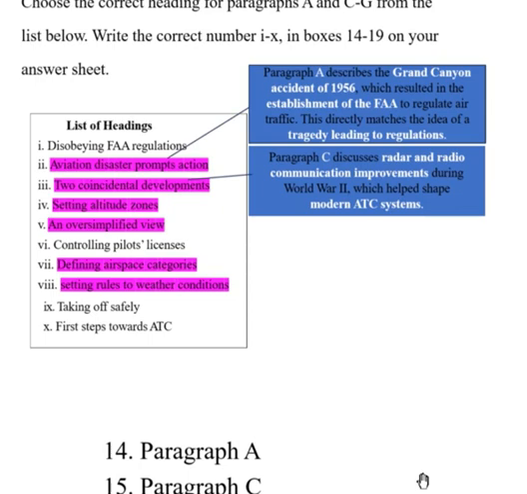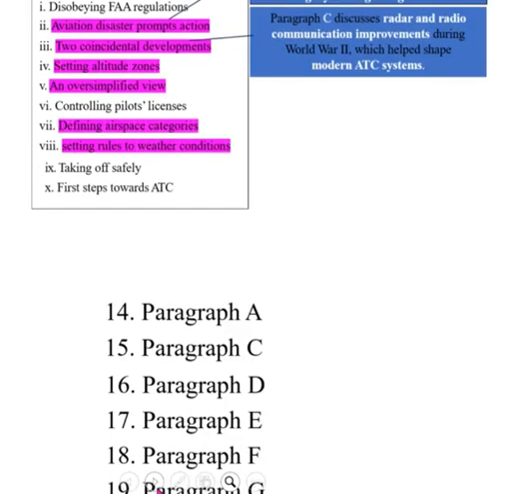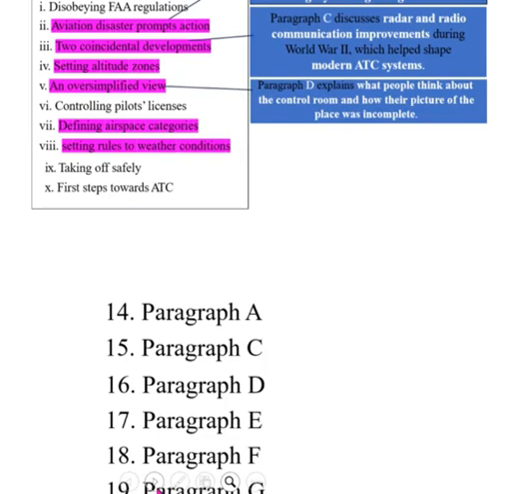We go back to the list of headings now. We'll go back there and check. We're going to make use of this last sentence here. This is a very incomplete part of the picture. That sentence tells us and corrects the perspective of the people. Paragraph D explains what people think about the control room and how the picture of the place was incomplete.